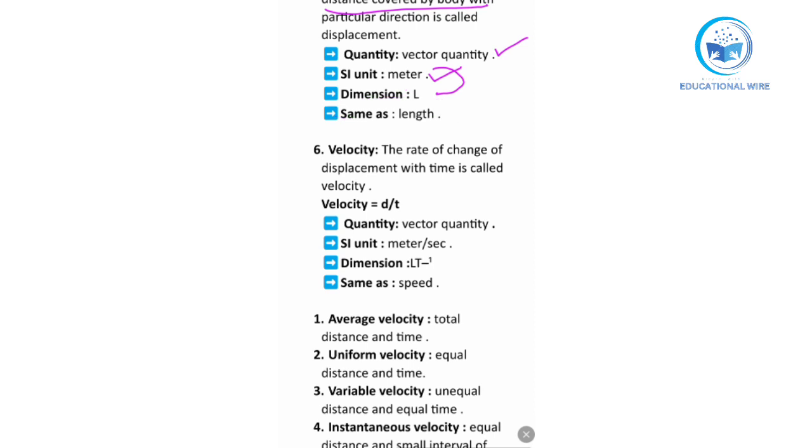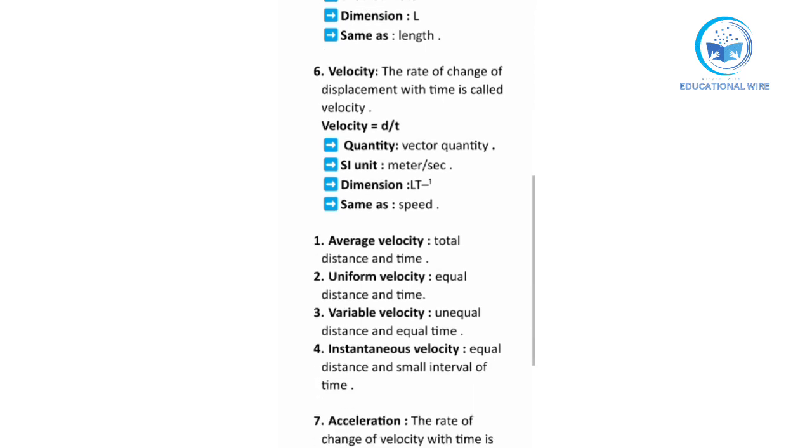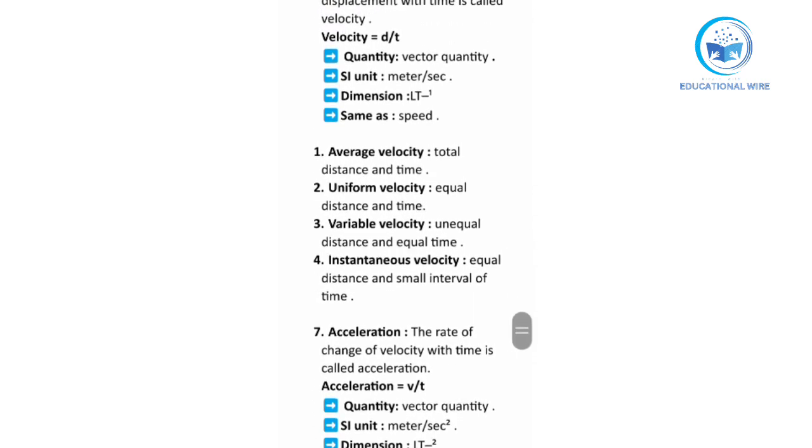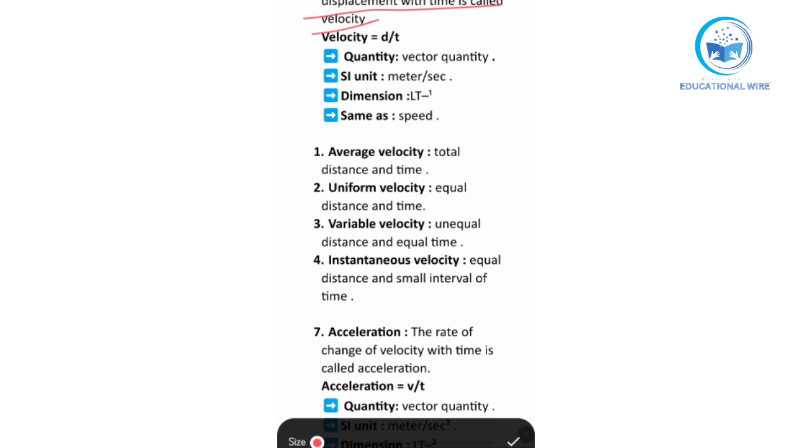Let's move further to velocity. For velocity, first of all we will understand the word velocity. The rate of change of displacement with time is called velocity. Previously we were talking about the shortest distance; now it is the changing of displacement. Like one person is standing over here, he is changing his displacement from one place to another, and he is also taking time.